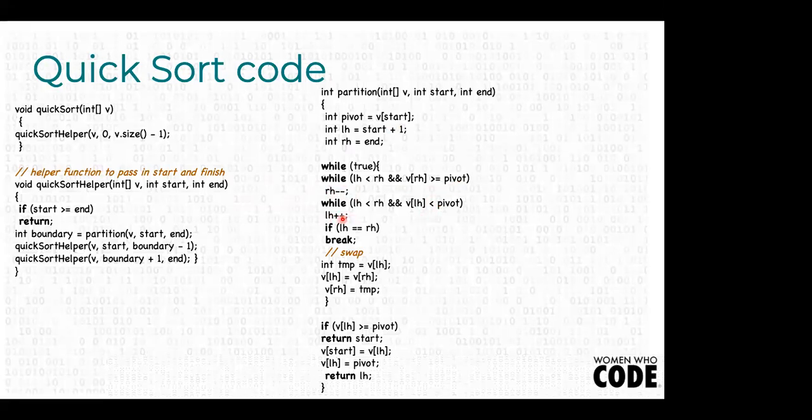And you increment the left-hand side if it's less than, just to make sure that we find the right elements in comparison with the pivot element. And then finally do the swap. Here, having this to compare the first element, and if it's less than, just swap it with the pivot. That's about quick sort.